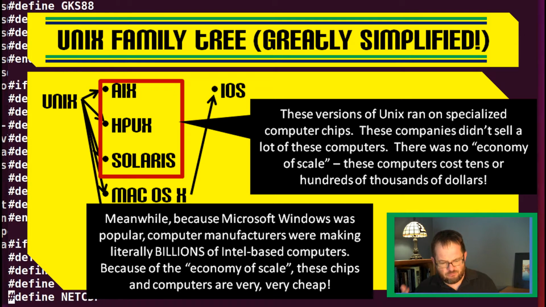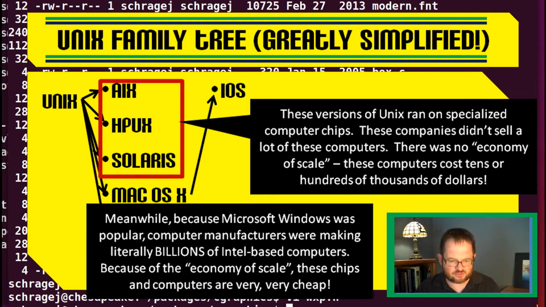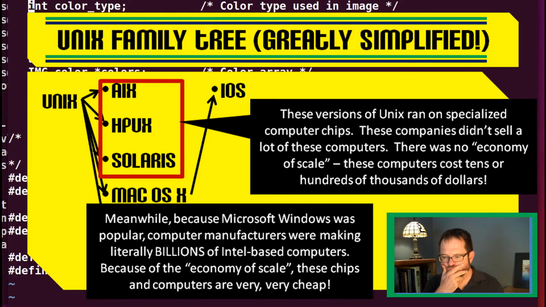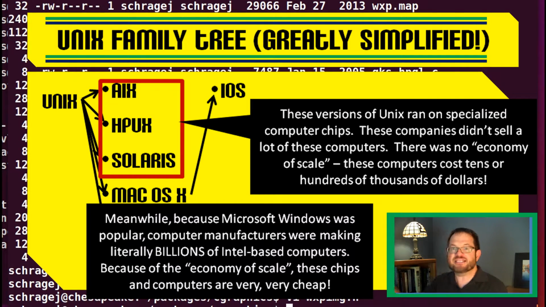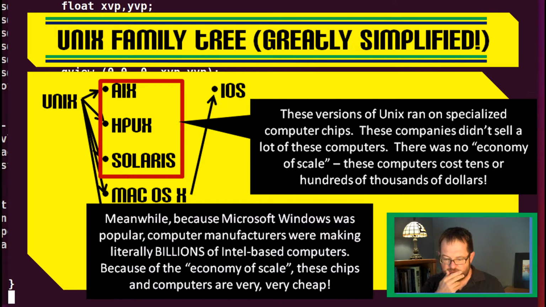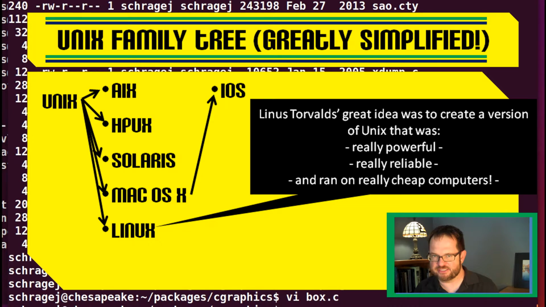So Windows was popular, making these chips so cheap and so readily available that you could get PCs cheaper and cheaper. And these PCs were not that much less powerful than these multi-$100,000 machines that IBM or Sun or HP was selling. This is where a brilliant engineer named Linus Torvalds stepped in.